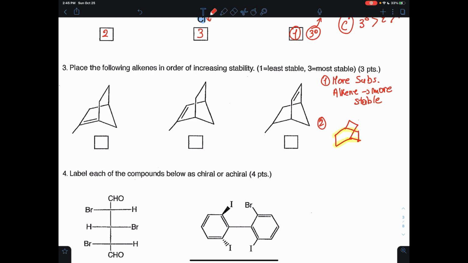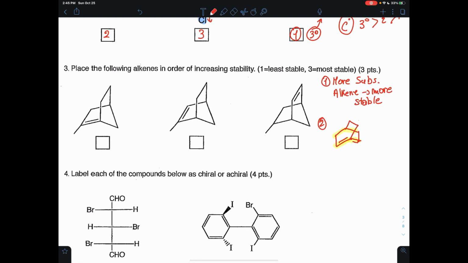You never want to have a double bond right here, unless the ring that's formed by those bridged carbons has 8 carbons. So if you have anything less than an 8 carbon cyclic, you cannot form this double bond right here. This is not stable at all.